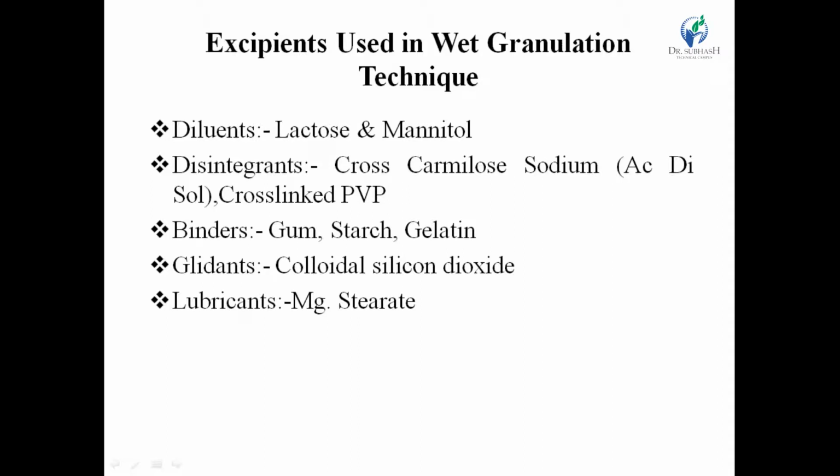In wet granulation, the binders used include gum, starch, gelatin, tragacanth, acacia, etc. Glidant: an example of a glidant is colloidal silicon dioxide. And the last one is lubricant. An example is magnesium stearate.